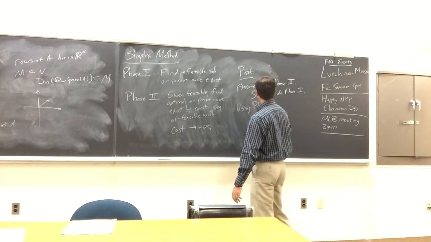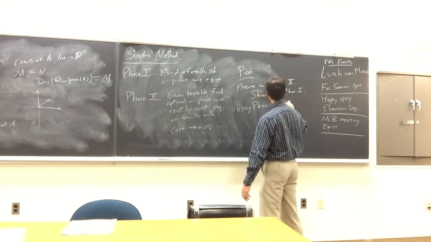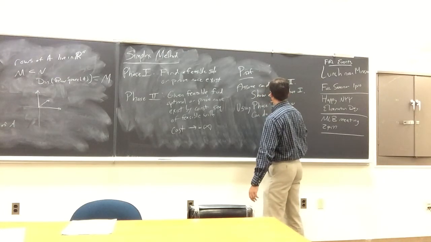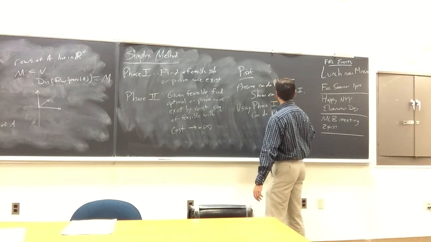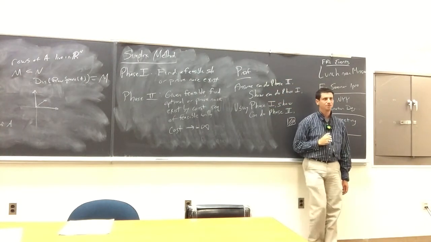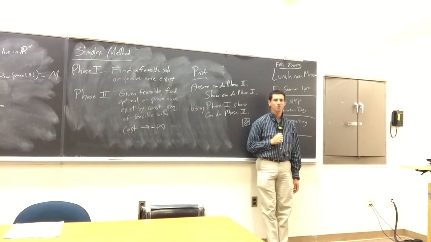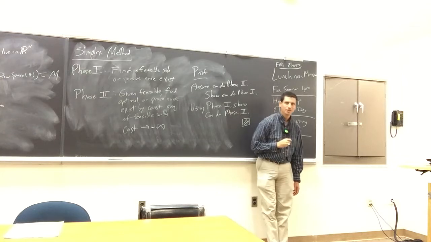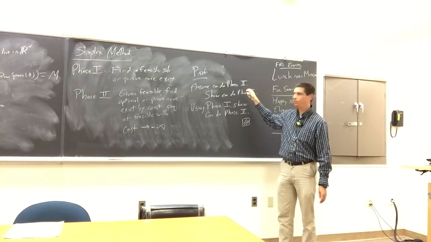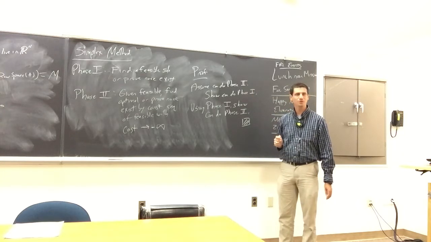Using phase 1, show can do phase 2. And that's the outline of the proof. What looks strange about this? So we assume we can do phase 2, and we use that to show that we can do phase 1. And then, using phase 1, we show we can do phase 2.